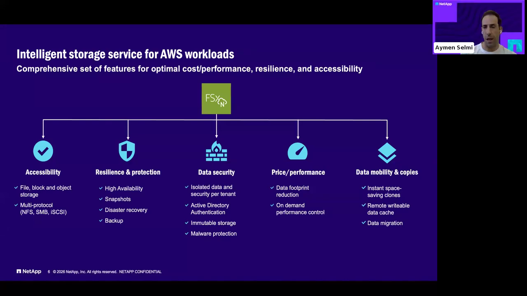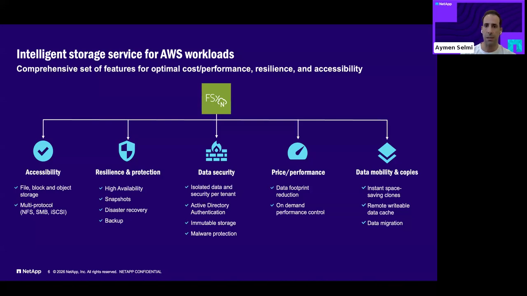Yeah, so I think I have to start by introducing FSx for those who don't know the service. I've seen from the poll that a couple of people don't know the service yet. It is one of the native storage services that AWS offers, delivering NetApp ONTAP as a fully managed service. FSx has a set of built-in enterprise-grade storage features backed by NetApp ONTAP software to provide value for various workloads, especially EDA and HPC.